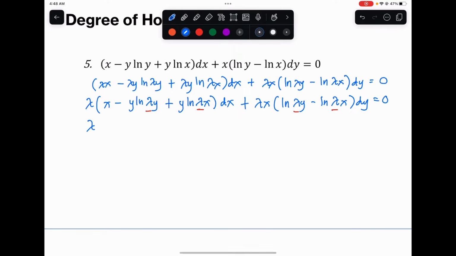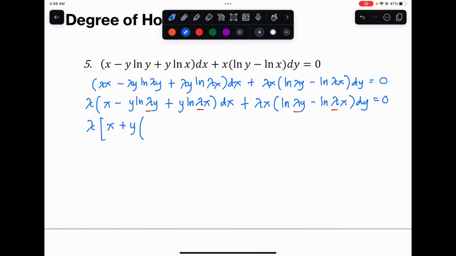So I can factor out y first. So from the 2, this is minus y, or I'll make this one plus y. Okay, and then that would make it negative y ln lambda y, so divide it with y.